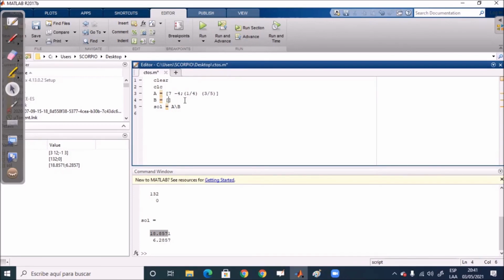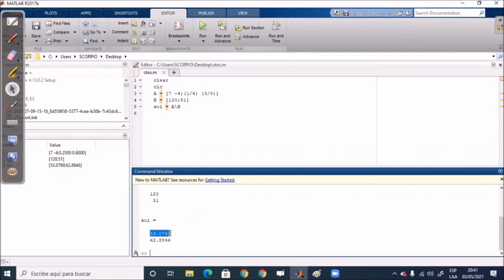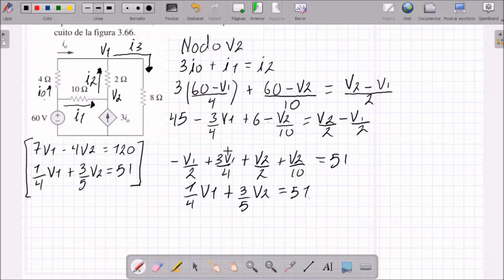And here I'm going to put the 120 and 51. The voltage B1 is going to give me 53.07 and the voltage B2 gives me 62.88. I put it here. B1 gives me 53.07 and B2 is going to give me 62.88.